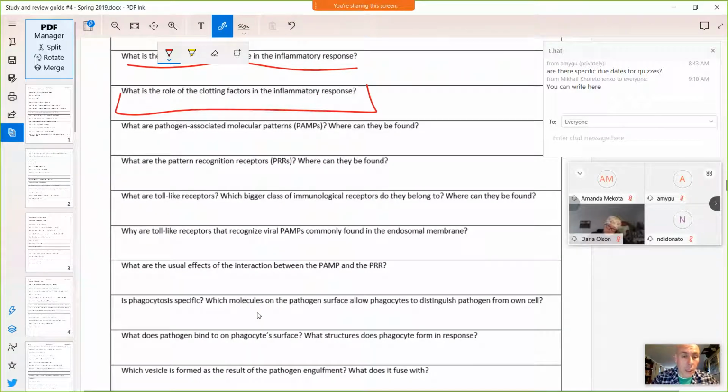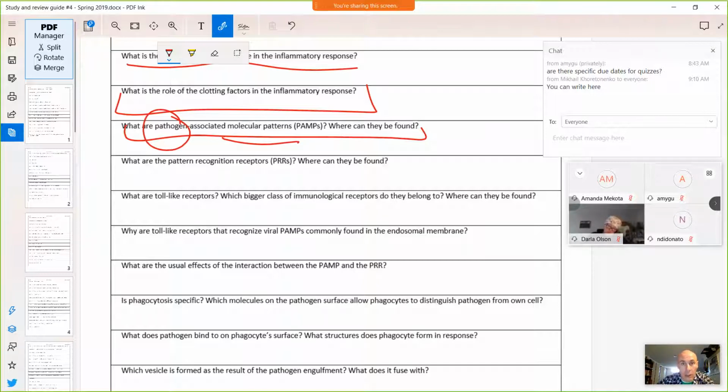Pathogen-associated molecular patterns are the molecules found on the surface or inside the microorganisms, the pathogens. So we talked about LPS, the endotoxin, before. That's a pathogen-associated molecular pattern. Why is it a molecular pattern? It's found in all gram-negative microorganisms.